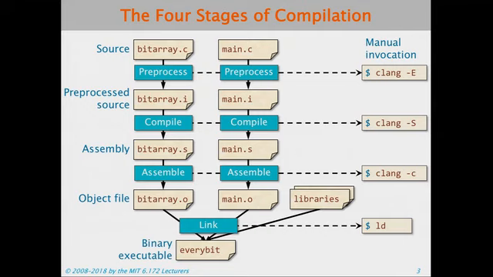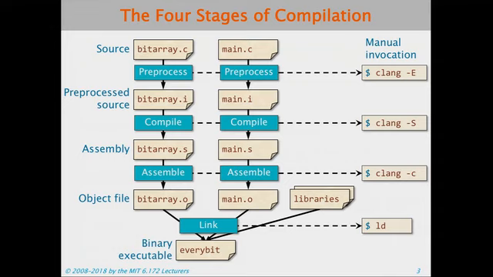The first thing is the pre-process stage, and you can invoke that with Clang manually. So if you do clang -E, that will run the preprocessor and nothing else. And you can take a look at the output there and see how all your macros got expanded and such, before the compilation actually goes through.